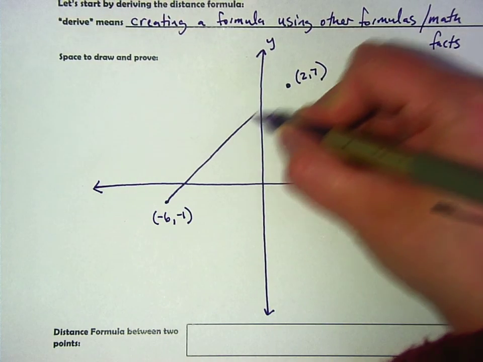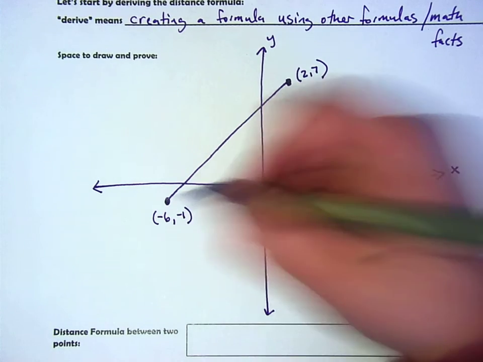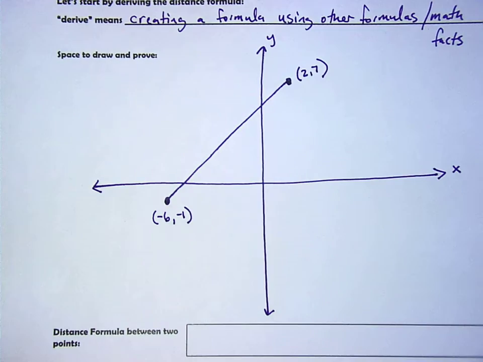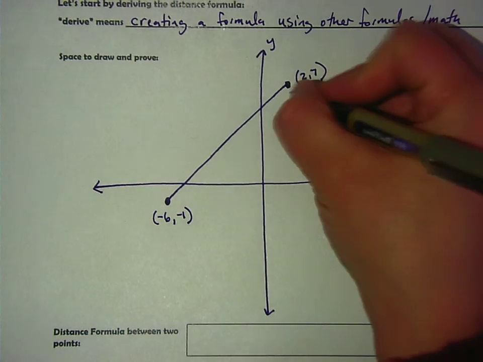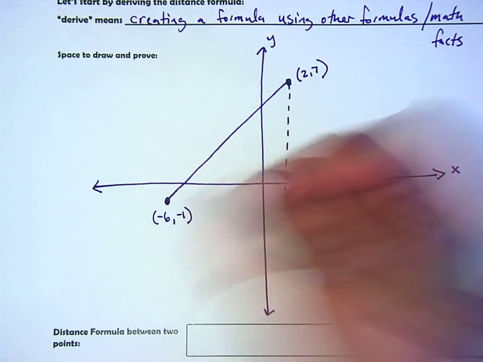Now, I'm sure that you guys have used the distance formula before. Remember doing that in a different class, maybe? Finding the distance between 2 points. Okay? But we're actually going to prove why it works. So, I'm going to, right now, and so are you, turn this into a right triangle.